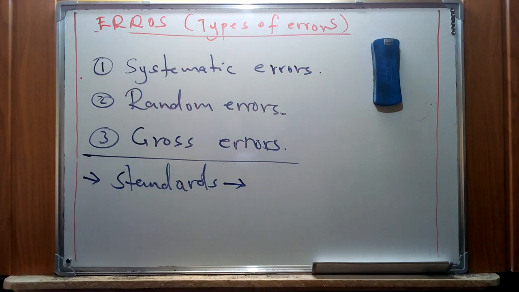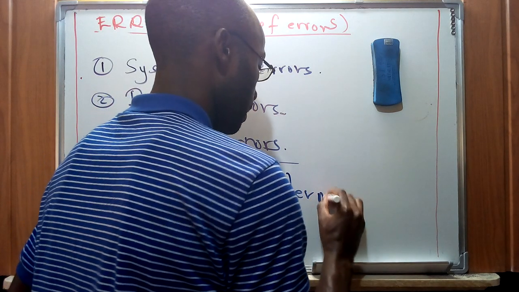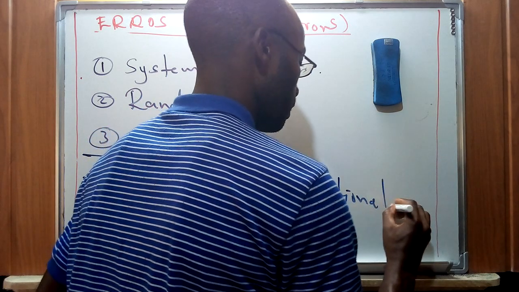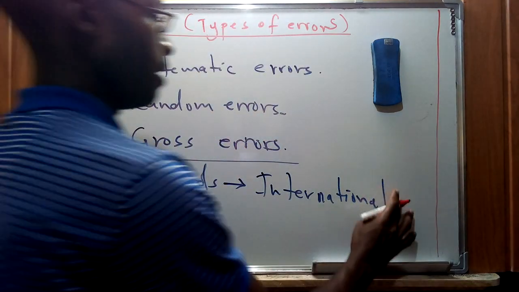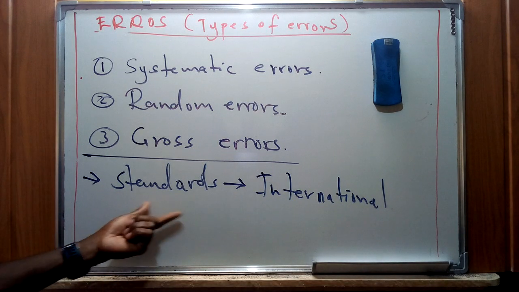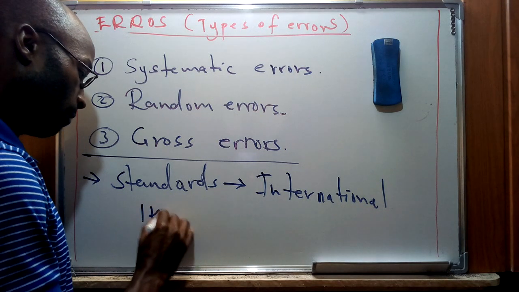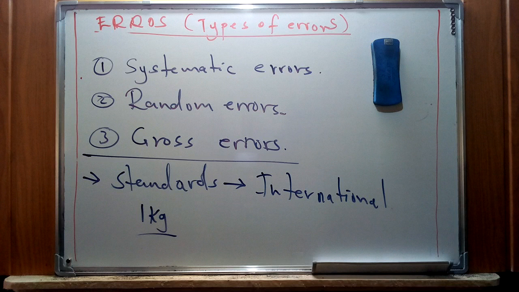So therefore, we have international fundamental standards, which are basically regarded as reference points for other standards which are going to be used. For instance, if we talk about trying to measure mass, we have an international reference which is going to be used as a reference for measurement of mass in grams or kilograms, which we're going to see later.